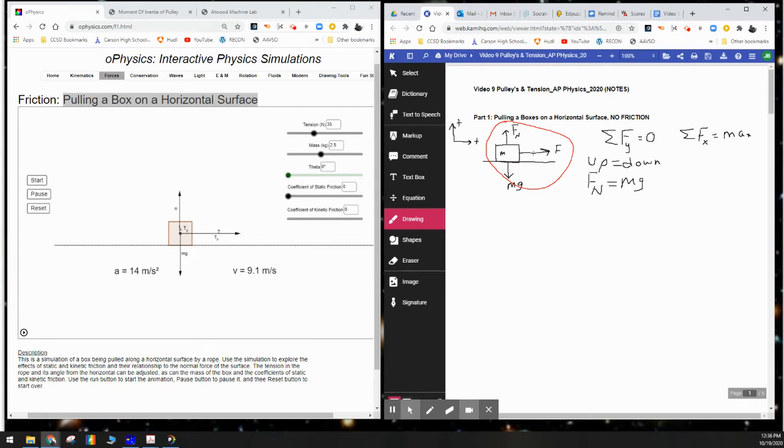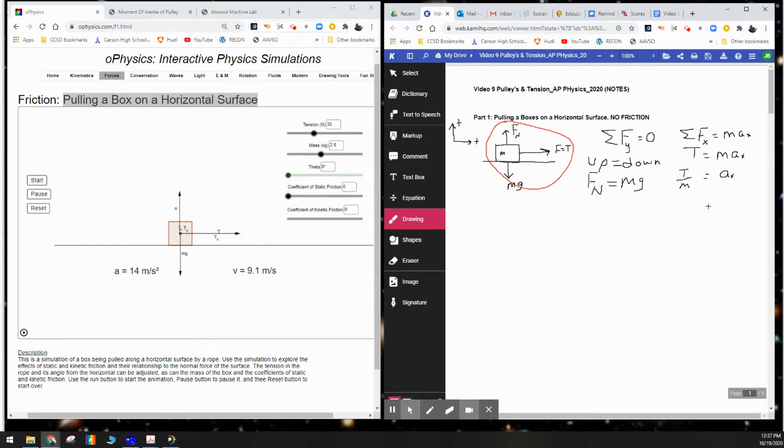Now this force is probably going to be a string, so we could say it's tension. So we'll write a capital T here, tension. Sometimes we use T for period, but for right now we'll just see T as tension. And that's going to equal M times AX. And so to solve for the acceleration, AX is just going to equal whatever the tension is divided by the mass.